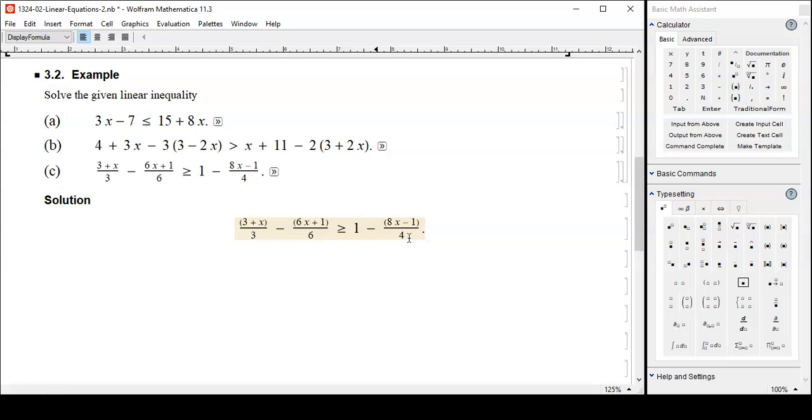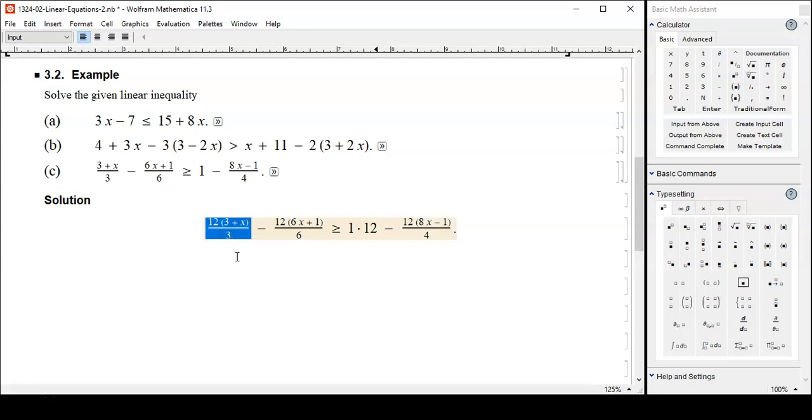3 times 4 is 12. That's the smallest possible multiplication, but that already works. Yeah, 6 divides 12, so let's use 12. Multiply by 12. And then multiply by 12. Don't forget this. Okay?